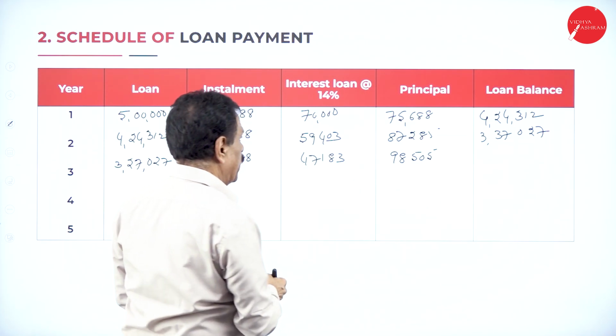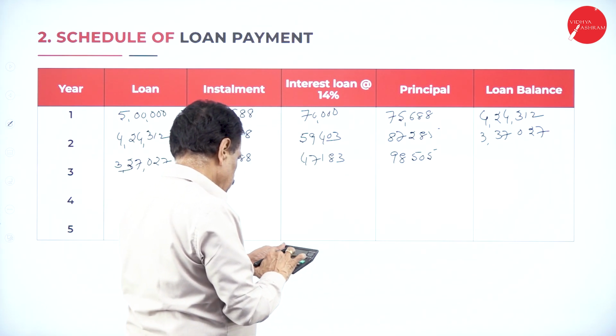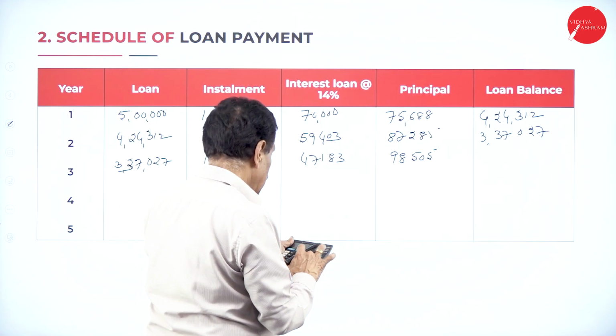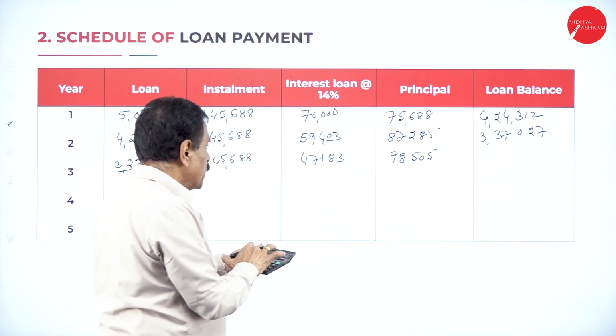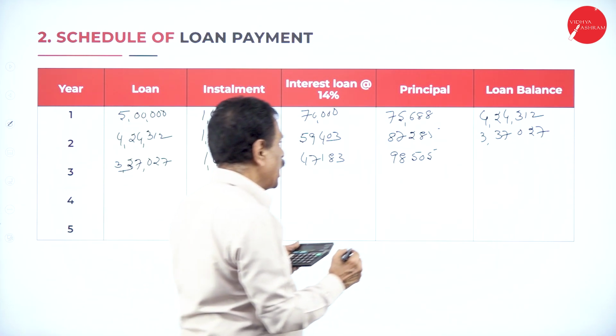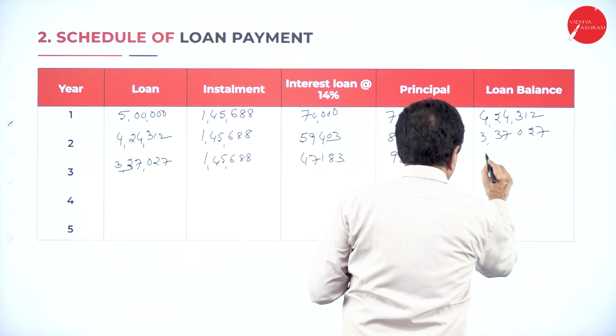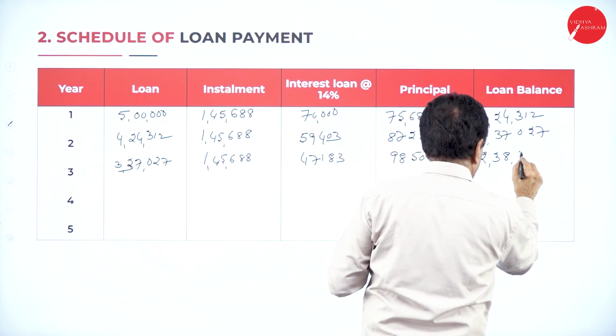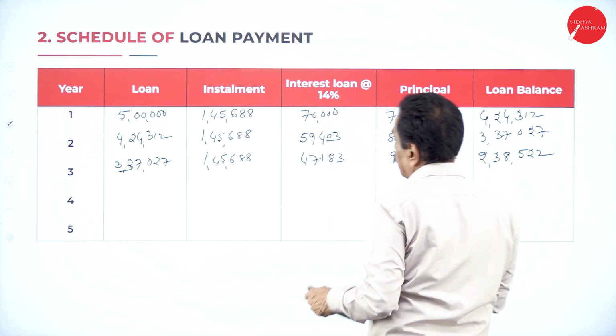Deduct how much you have to pay? 3 lakh 37,027 minus 98,505 is 2 lakh 38,522. I will explain you.